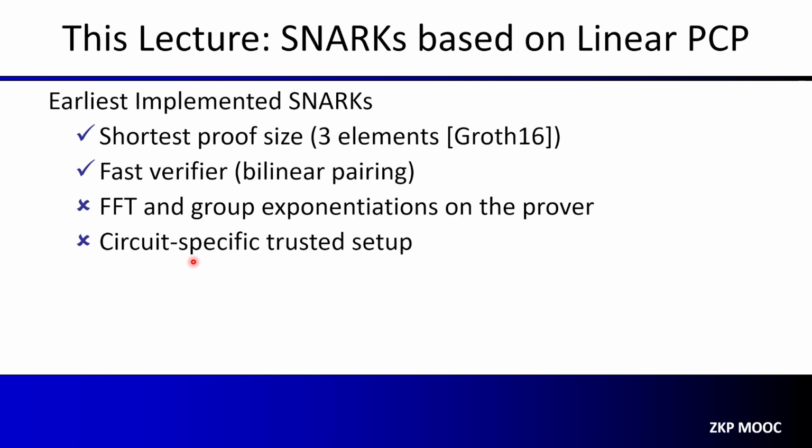This may not be desirable for some applications in practice, and because of that, this is sometimes called preprocessing SNARKs in the literature. This is different from the SNARKs we've seen so far, for example, the PLONK system that requires a one-time universal trusted setup, and also other schemes without trusted setup at all.